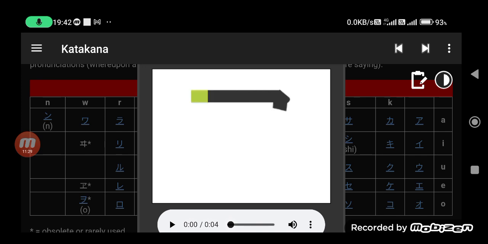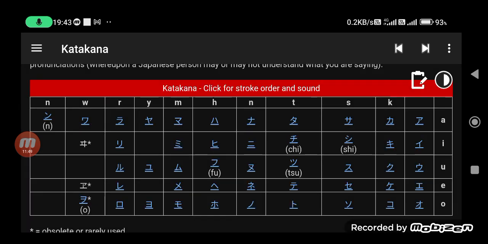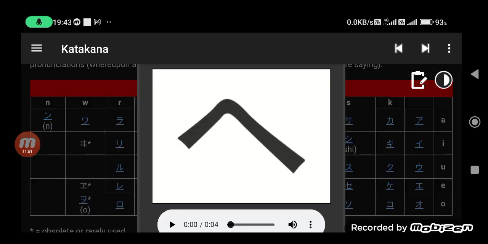This fu, if you place a dakuten or the quotation, it becomes bu. And if you place a handakuten, a small circle, it becomes pu. This is 1 stroke, fu. Again, 1 stroke, fu.